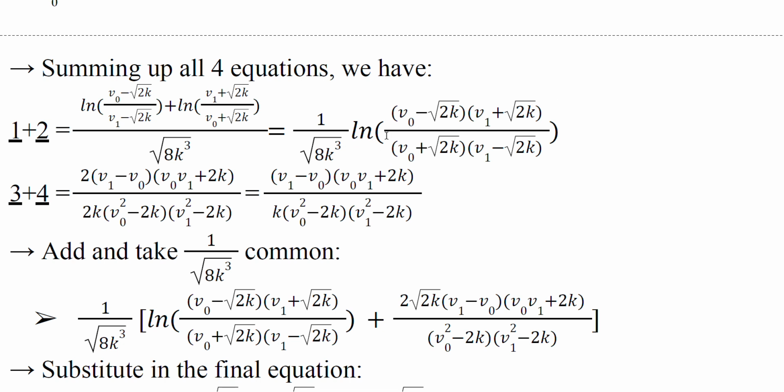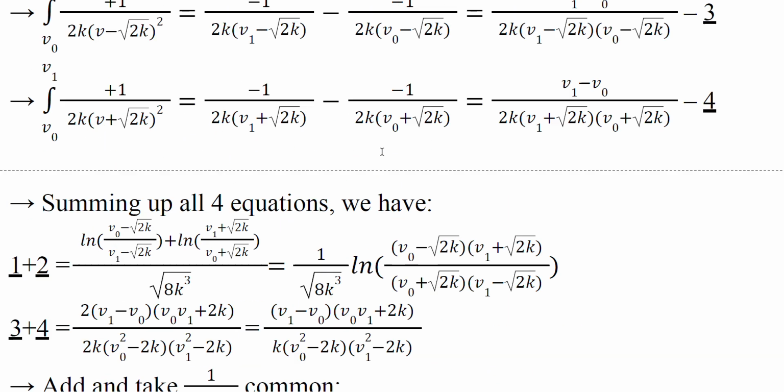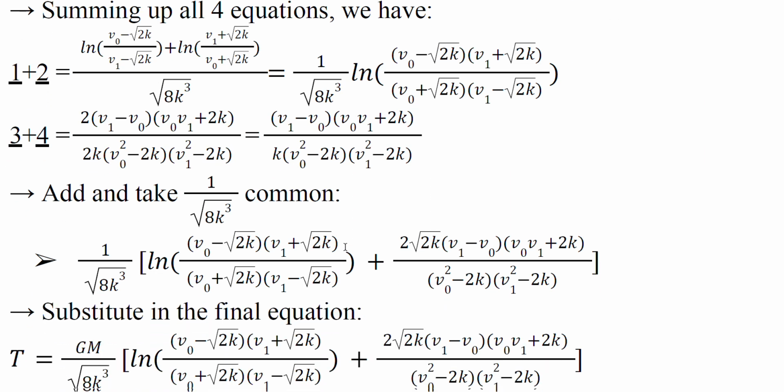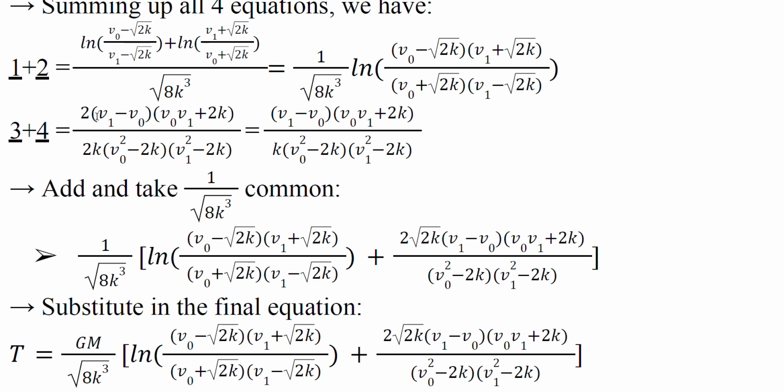So as you can see here, we multiply them, and we have 3 plus 4, which is equation 3 plus equation 4. Then we get this value. You can verify it if you want. I'm not really going into the details of how we get this, but it's pretty simple. And as you can see here, we have 2 and 2 here, so we just cancel them out. So we just have this thing left.